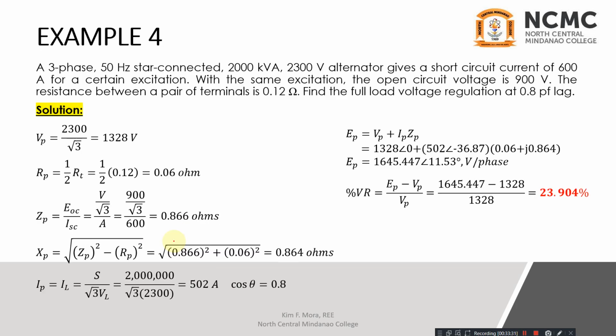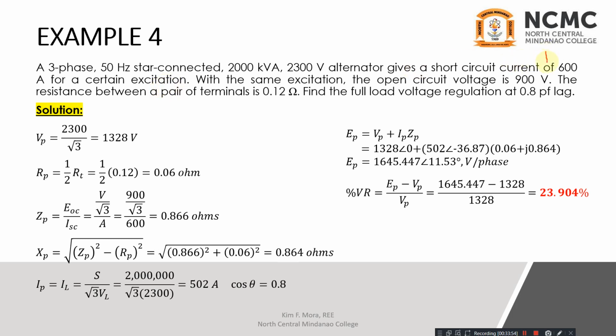So let's have examples. A three-phase 50 hertz star connected 2000 kVA 2300 volts alternator gives a short circuit current of 600 amperes for a certain excitation.